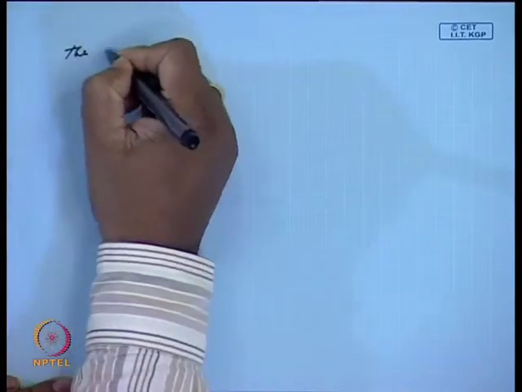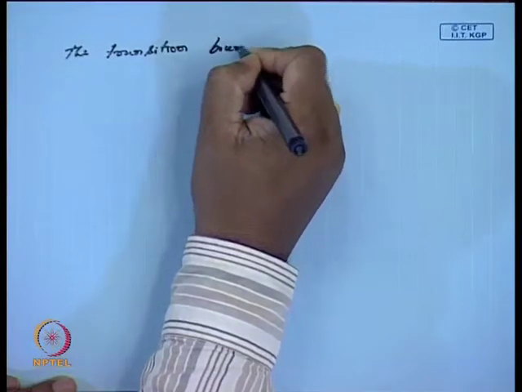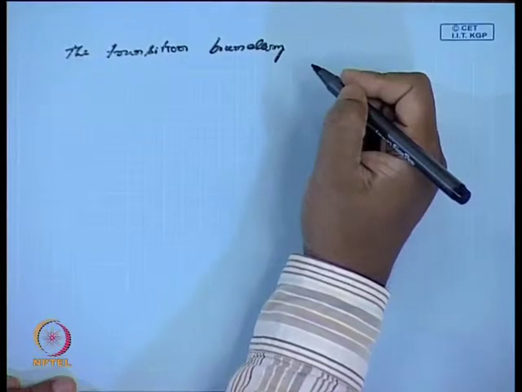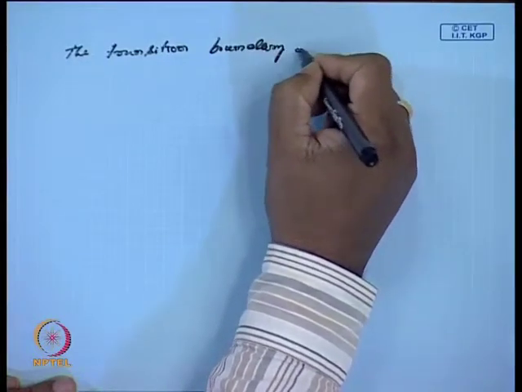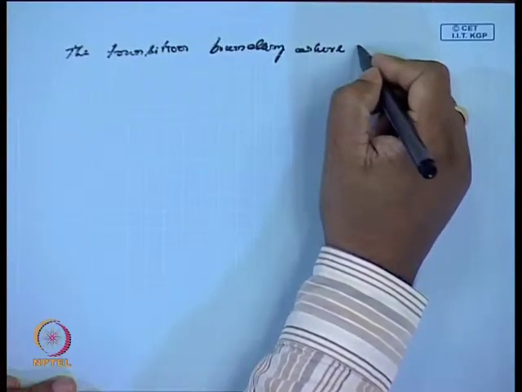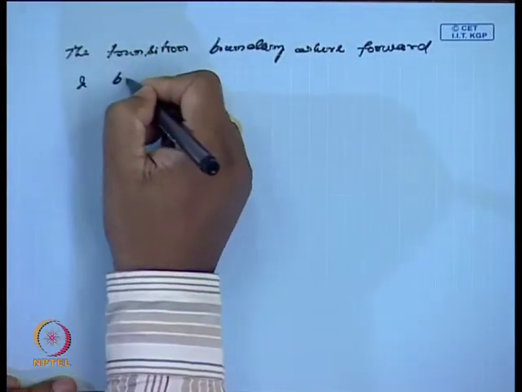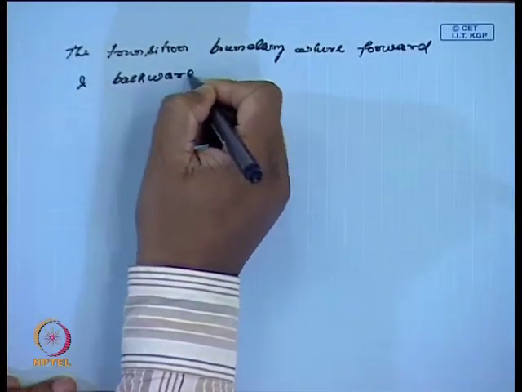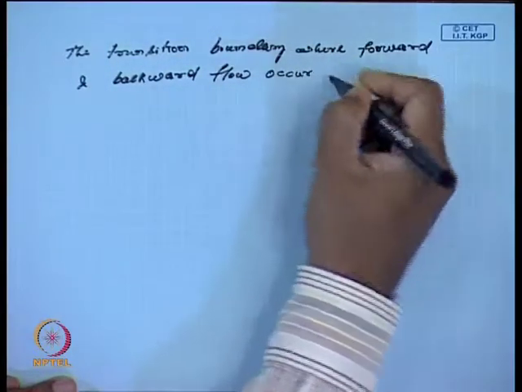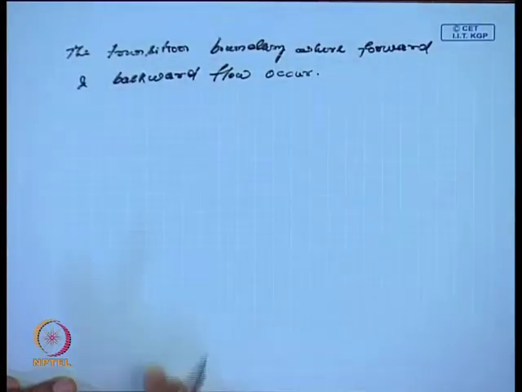The transition boundary is where forward and backward flow occur.